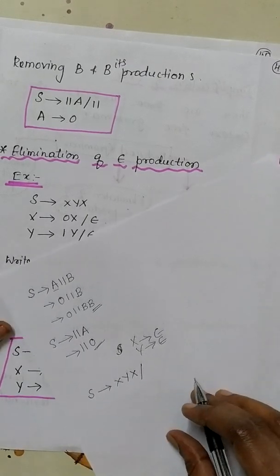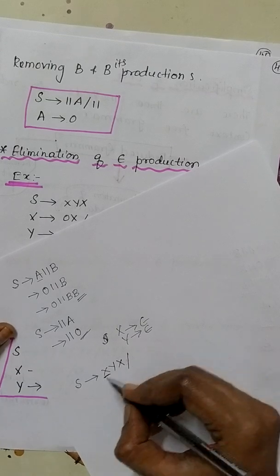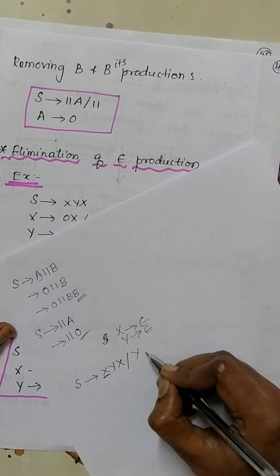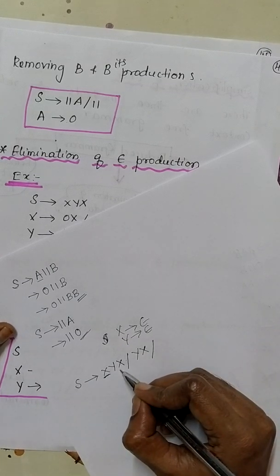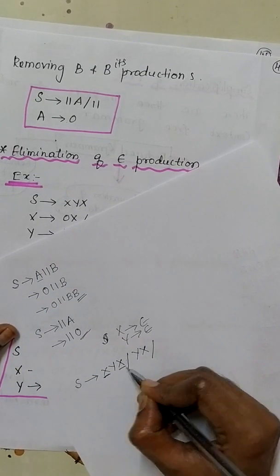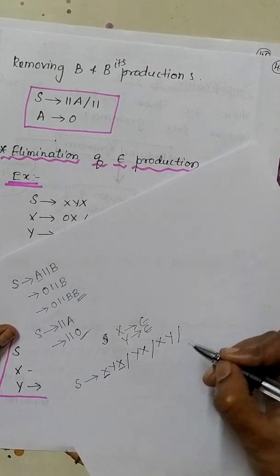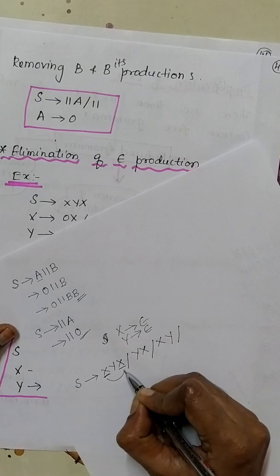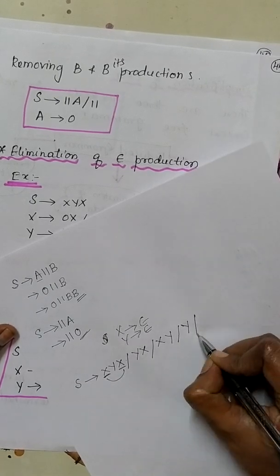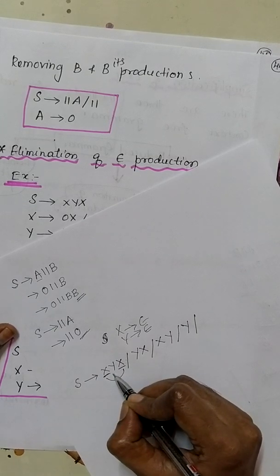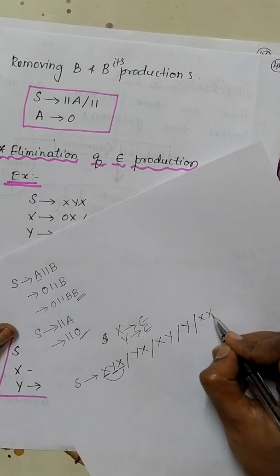First I am going to put epsilon for the first X. At that time, I will get YX. Now I give epsilon for the second X, and I will get XY. Next I give epsilon for both X, and I will get Y. Now I give epsilon for this Y, and I will get XX.